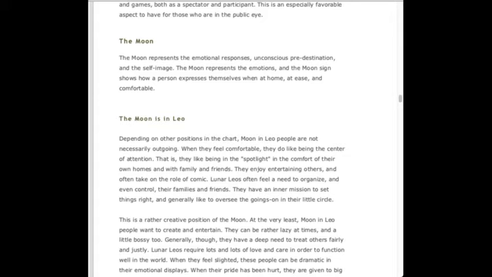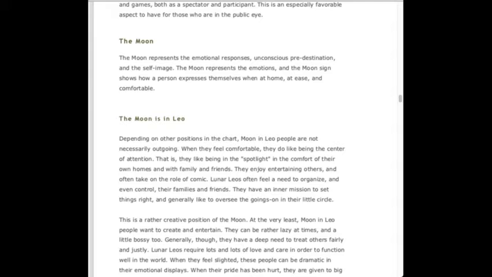They enjoy entertaining others and often take the role of comic. Less often, they feel the need to organize and even control their families and friends. They have an inner mission to set things right and like to oversee the goings-on of their little circle.